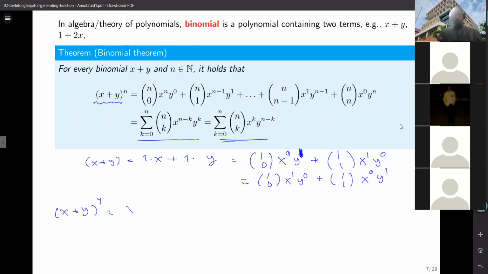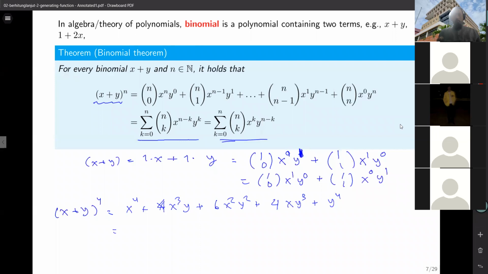quick. You could do it very quickly. It's actually x to the power of 4 plus 4x cubed y plus 6x squared y squared plus 4xy cubed plus y to the 4.